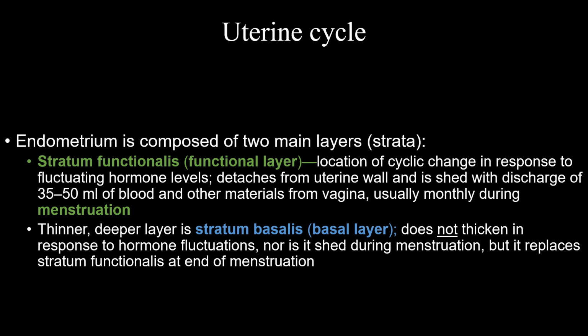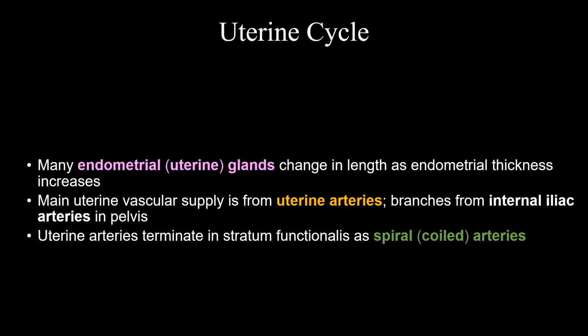You then have a thinner, deeper stratum basalis, or basal layer, and this does not thicken in response to the ovarian hormones, but it forms a new stratum functionalis after menstruation ends. Now, there are numerous endometrial or uterine glands that tend to change in length as endometrial thickness changes.